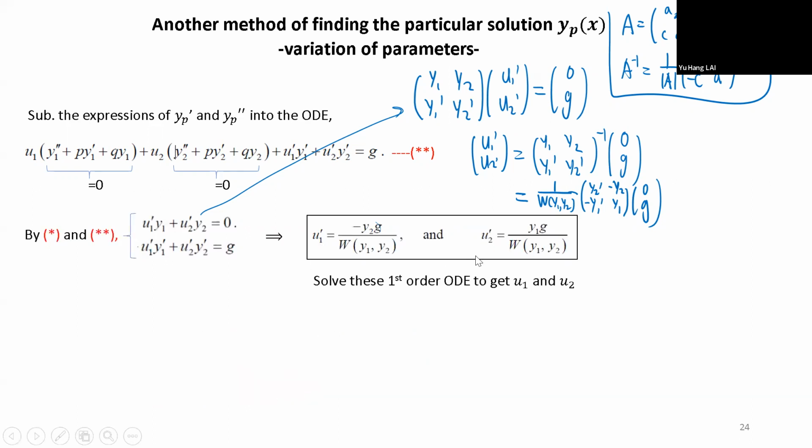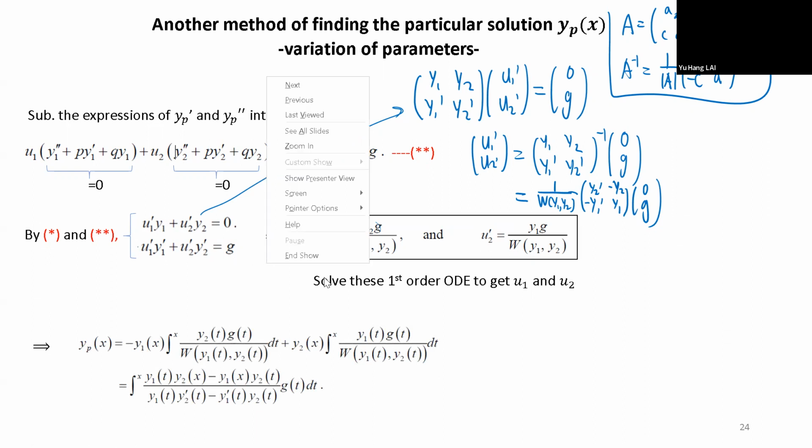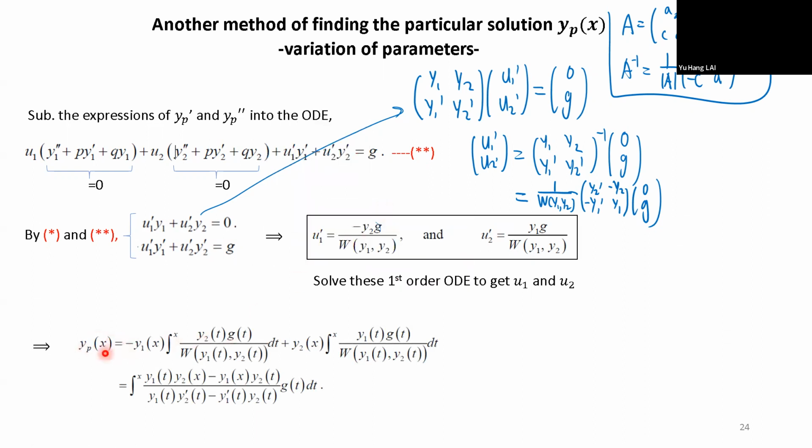For this, you should get U1, and when you integrate both sides of this equation, you should get U2. Therefore, YP is given by this: this whole thing with the minus sign is U1, and this whole thing here is U2. Then the question is whether you can do this integral or not.